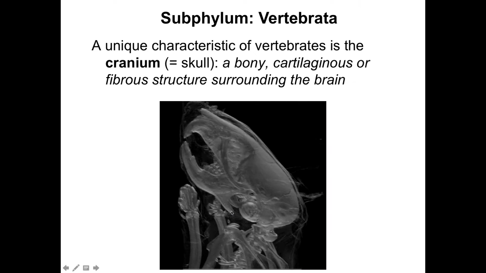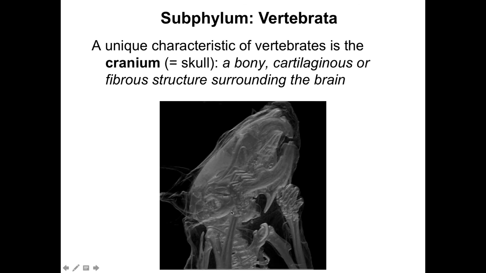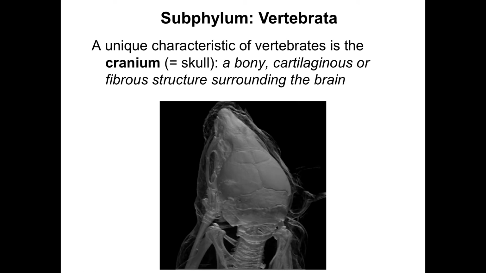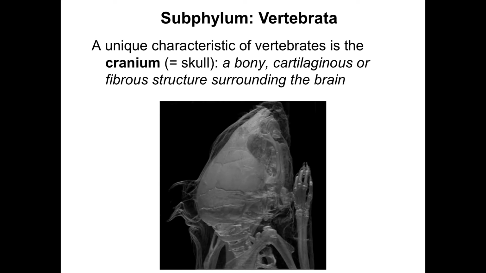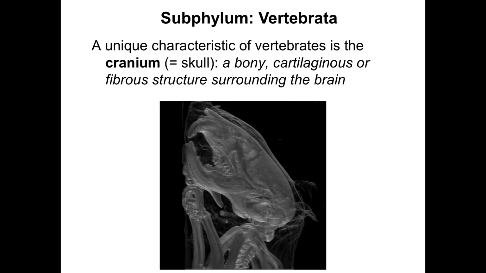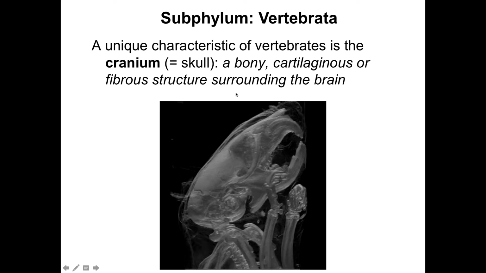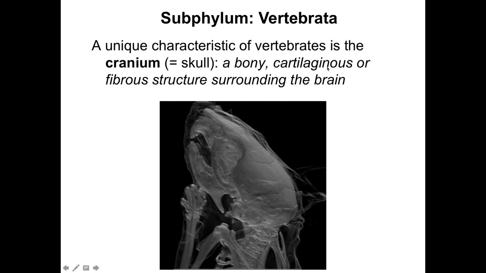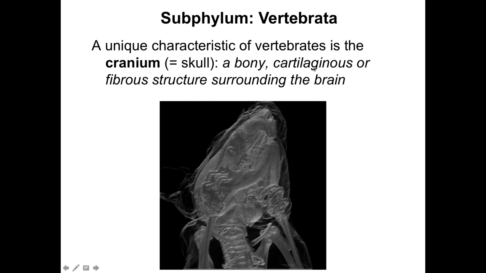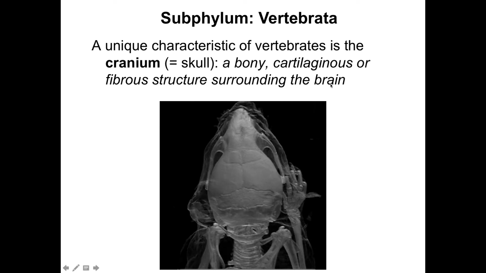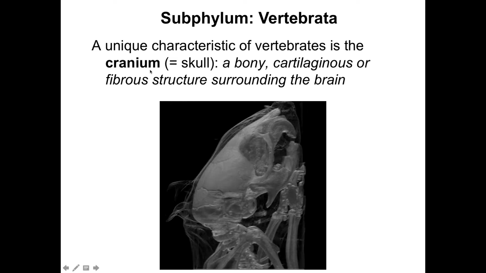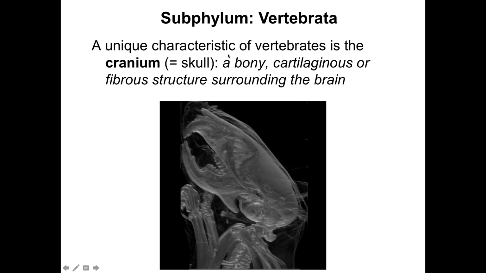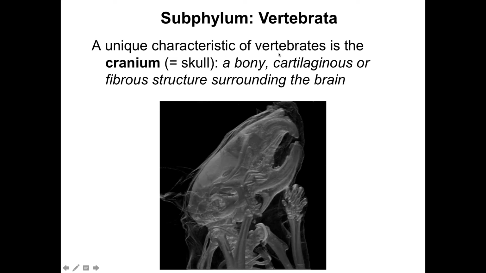This brings us to the subphylum Vertebrata, and the defining feature of vertebrates that separates them from the other chordates is that they have a cranium, some sort of bony, cartilaginous or fibrous structure which surrounds the brain, a protective structure around the brain. That's the defining feature of all vertebrates.